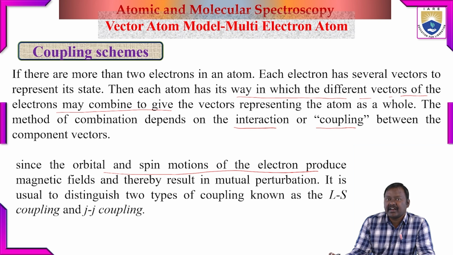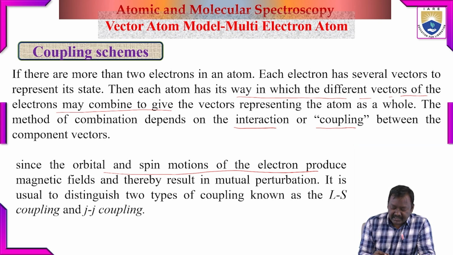That means current is circulating in the loop. That means it can produce the magnetic field. So either in the orbital motion or spin motion, the electron produces the magnetic field throughout its motion. So it results in mutual perturbations.